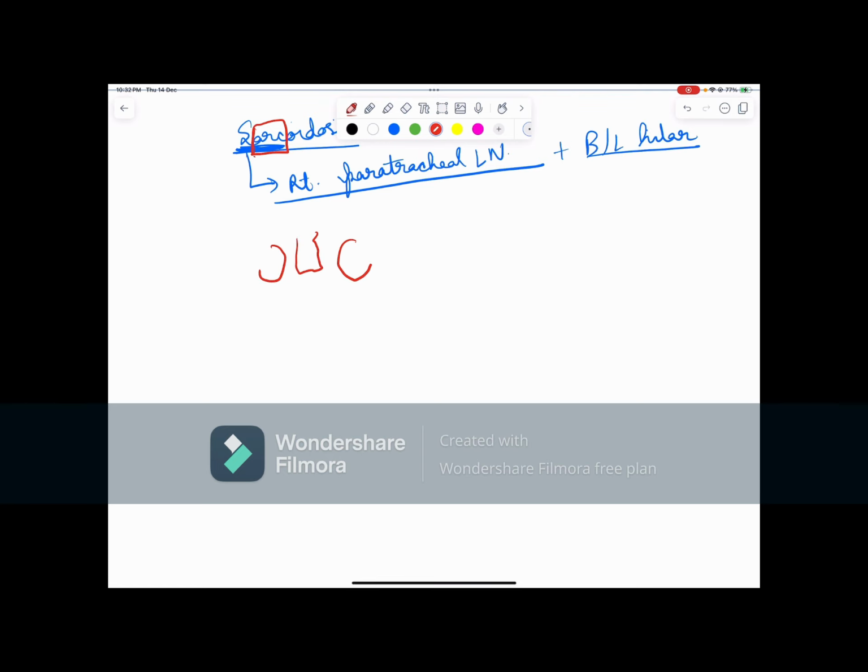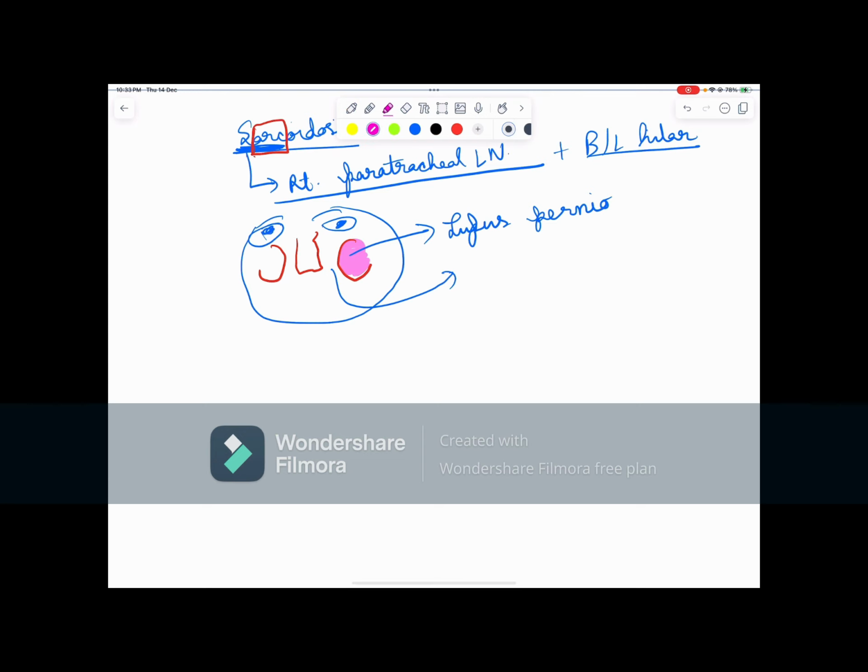It has a lupus-like lesion, lupus pernio, because there is sparing of the nasal fold. Like lupus, pernio will have malar rashes, but there would be sparing of the nasolabial fold.